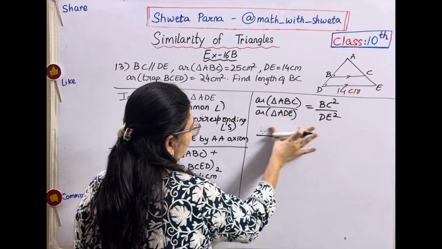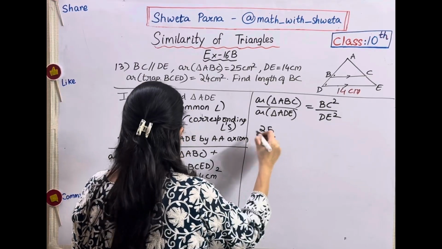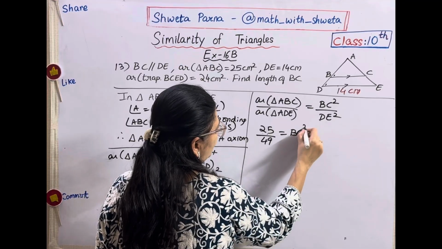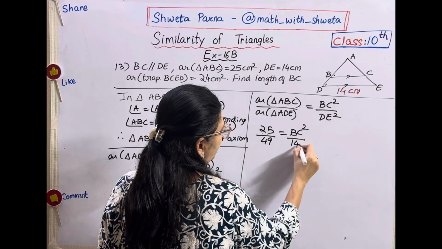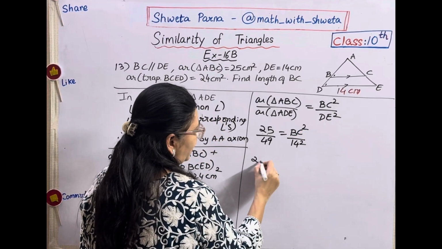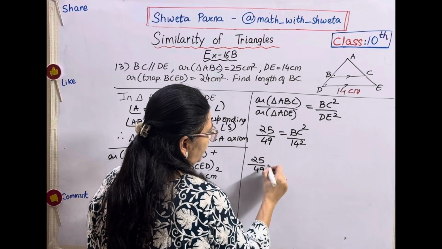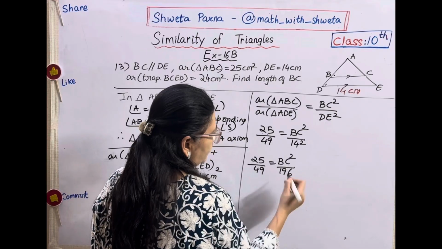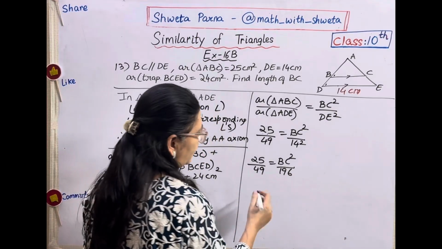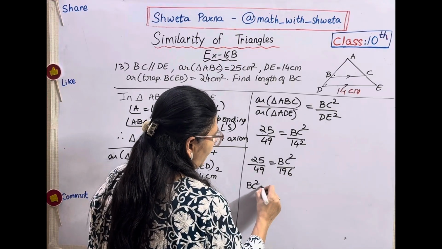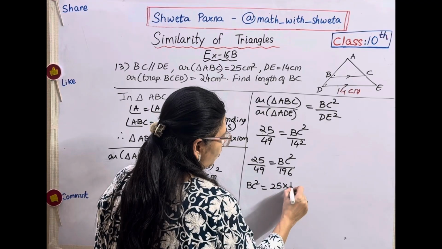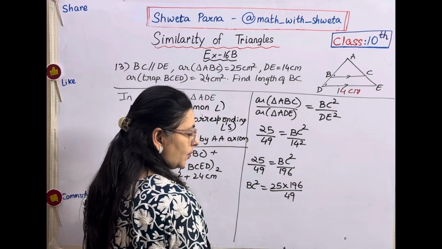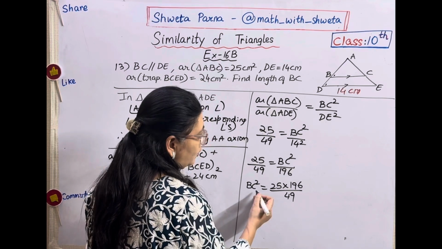ABC is 25, sorry, and ADE is 49, equal to BC square upon DE, which is 14 square. So 25 upon 49 is equal to BC square upon 196. 14 square is 196. So BC square is 25 into 196 divided by 49. Okay. So this is BC square.